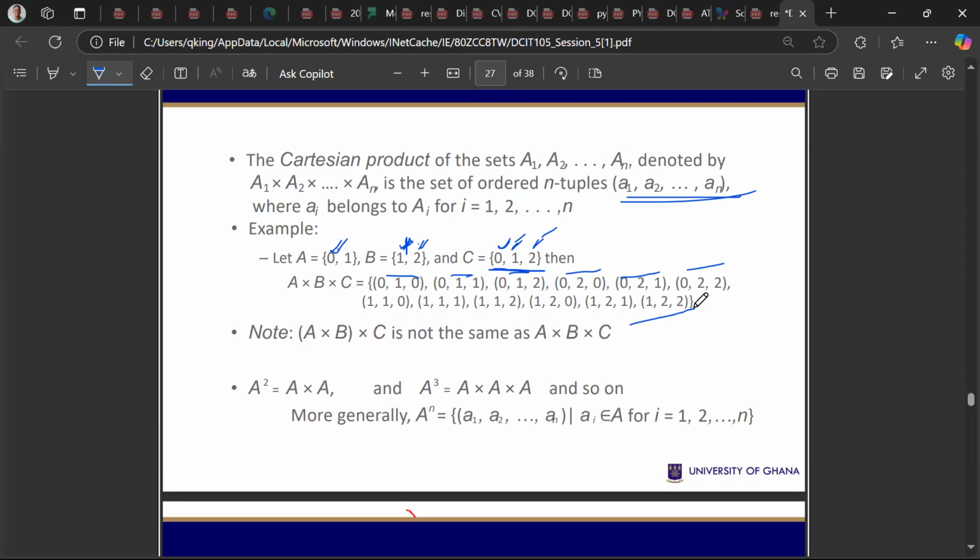And so let's note that A × B × C is not the same as (A × B) × C. Why? Because the order of operation matters. Let's pay attention to the order, because it really matters.